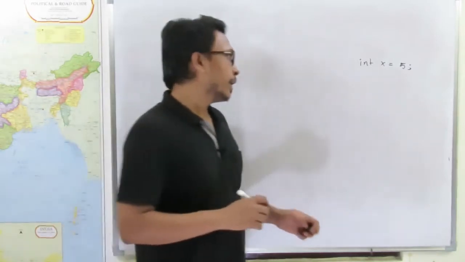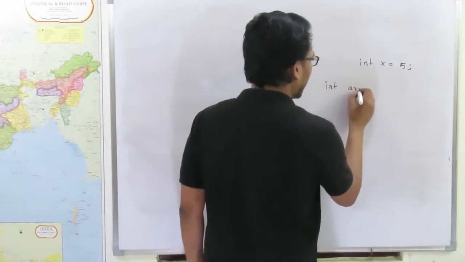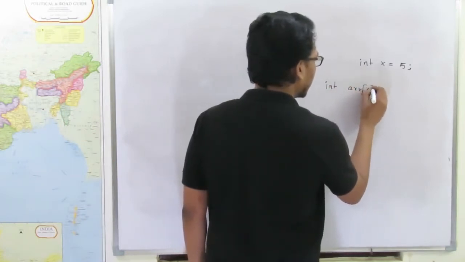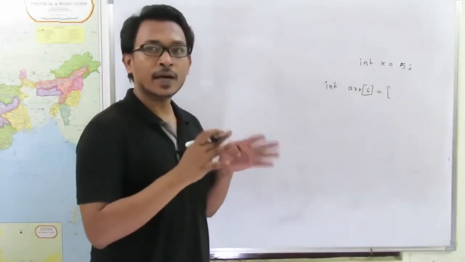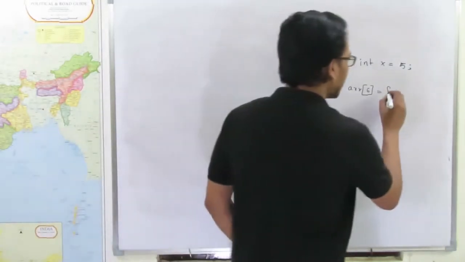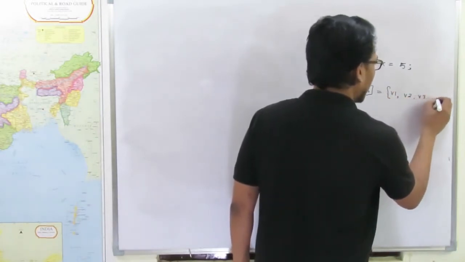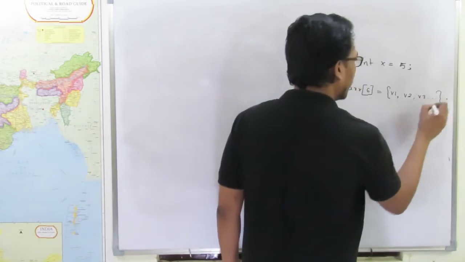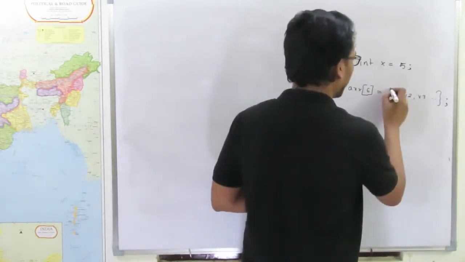Clear? So in the case of array initialization, integer ARR, let's say 6, we will initialize all the values with the help of curly braces, and we will specify all the values here, v1, v2, v3, like that. All the values we will initialize within these curly braces itself.